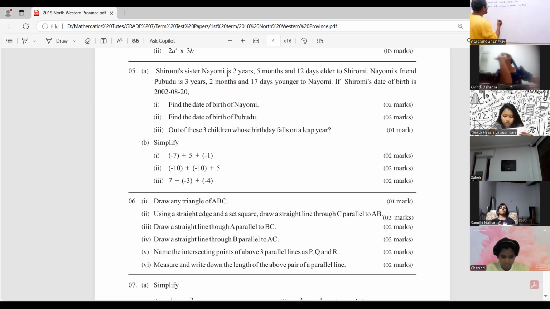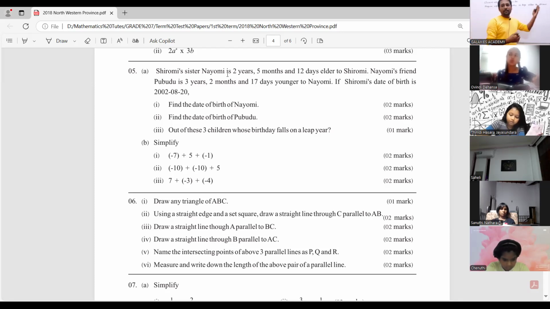Right? So you can understand Naomi was born before Shiromi, no? Elder means older. So she must have been born before 2002.